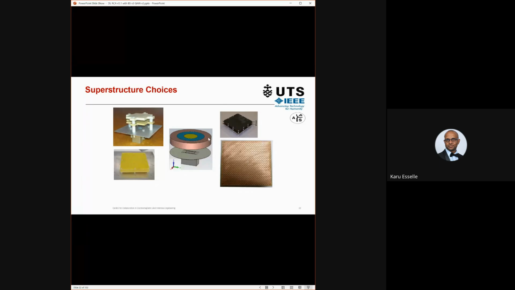That's a superstructure that has different dielectric material, but you can see it's different to this. That's the superstructure, this is the air-filled cavity, this is the ground plane. This is the feed element, a slot fed by a waveguide.